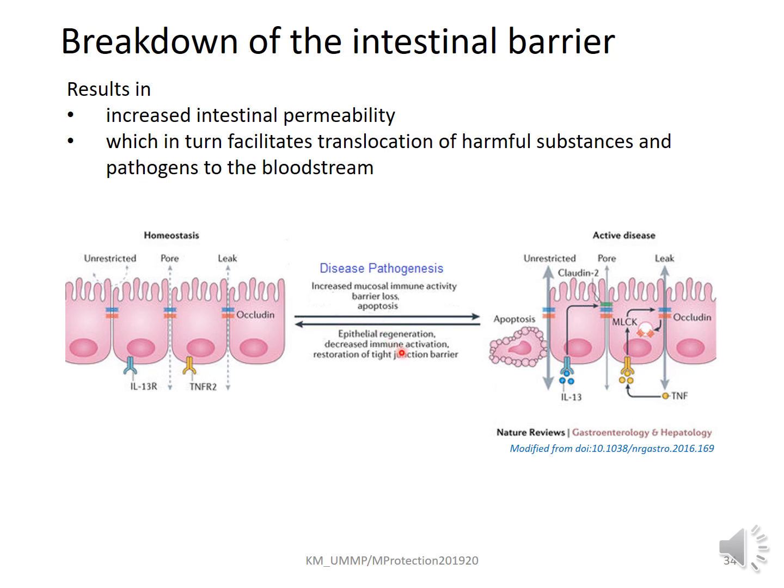But in some cases, this cannot be restored. So probably the tight junctions are loose, cells undergo apoptosis, and once the tight junctions are loose, all the harmful substances from the lumen can go in and then activate the immune system, leading to the disease process.